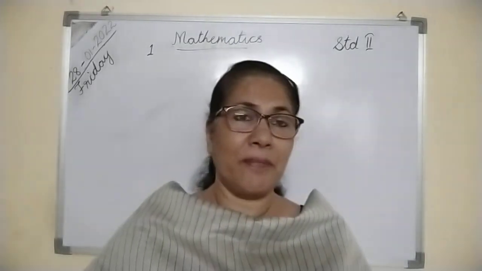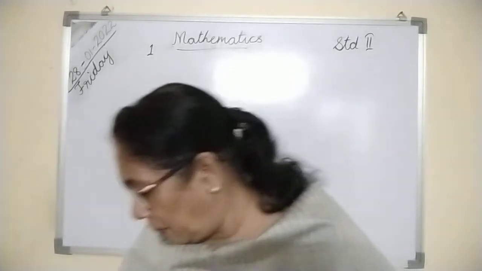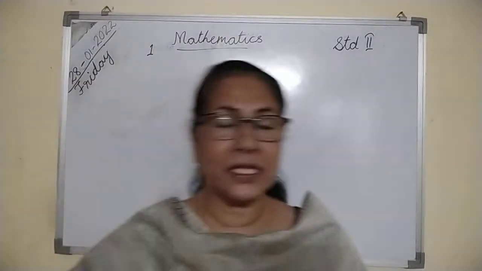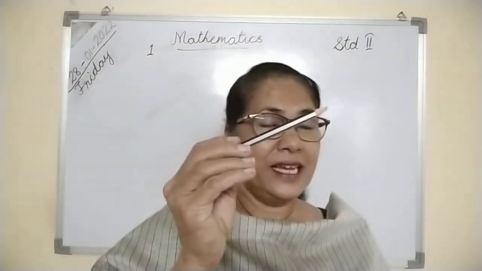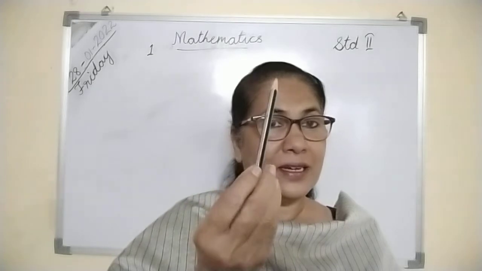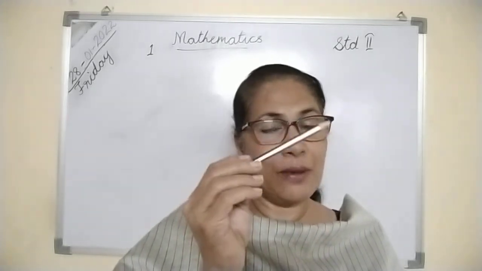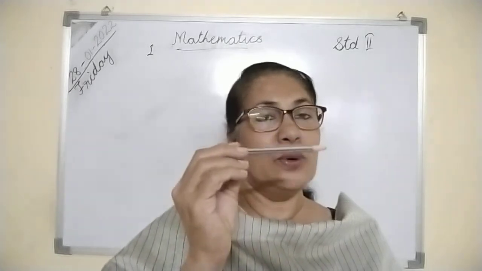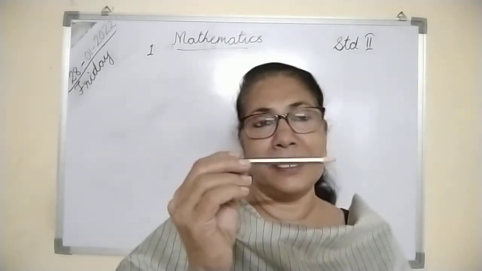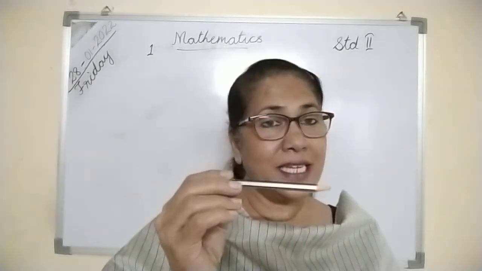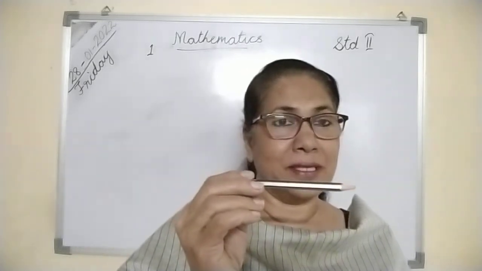The length of a pencil. Now this is a pencil. You've seen the length is not very big, isn't it? It's a small pencil. So how do you measure this pencil? Do you measure it in meters or centimeters?